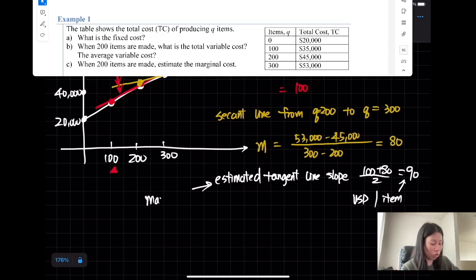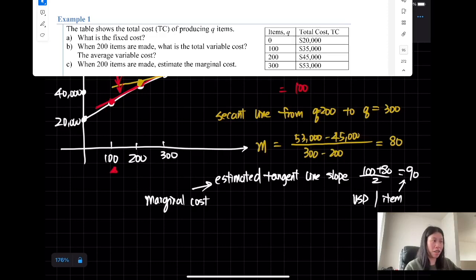It is the marginal cost. How do we define the marginal cost? By definition, marginal cost is, after you made Q items, the cost of making an extra item. So the slope is our derivative, which is the marginal cost at 200 items.